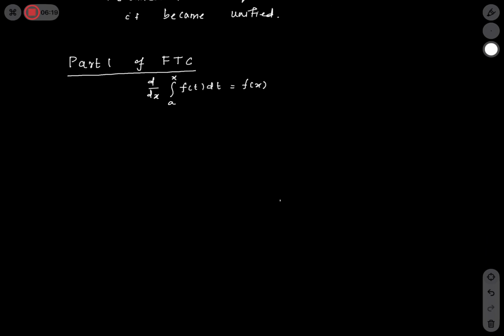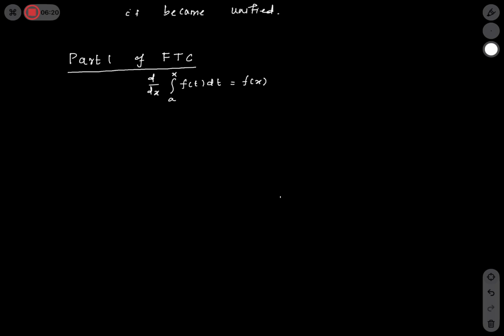Now you see, the integral from a to x of f(t) dt is nothing but the area under the curve f(t). So first let us draw the curve. The curve I'm drawing is like this. So this is f(t), and this function is defined and continuous in the interval a to b.